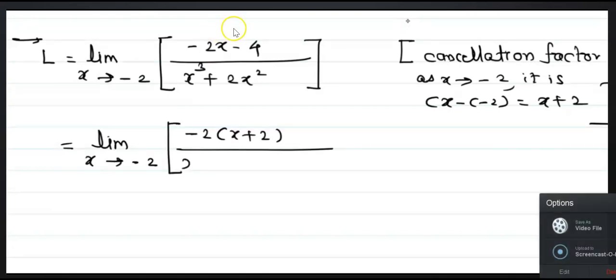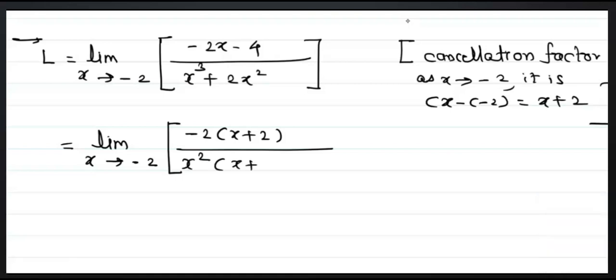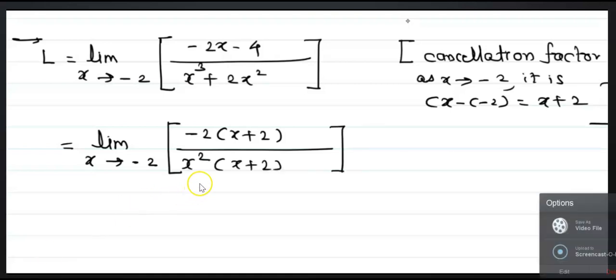From the numerator, I have taken minus 2 as common. Therefore, minus 2 in bracket x plus 2. What about the denominator? From the denominator, I will take x square as common, and x plus 2 gets cancelled from the numerator and denominator.